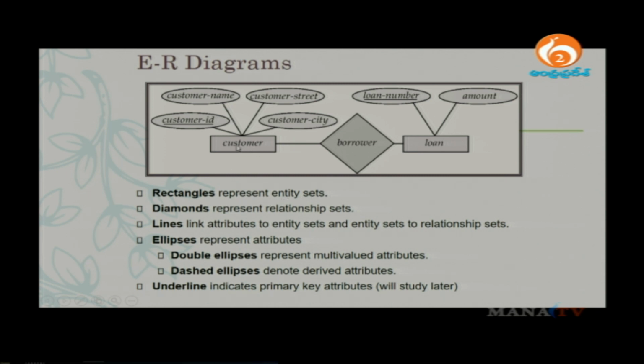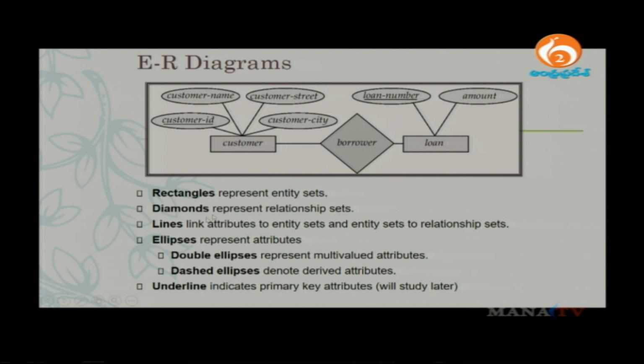Followed by a diamond symbol, if it is presented between entities, this is called a relationship. So, whenever you want to make a relation between an entity called customer and an entity called loan, I can go for borrow, which is called a relationship.